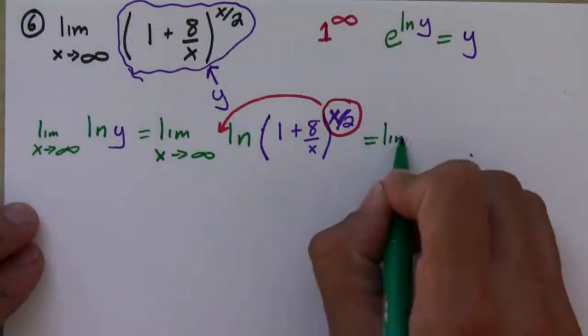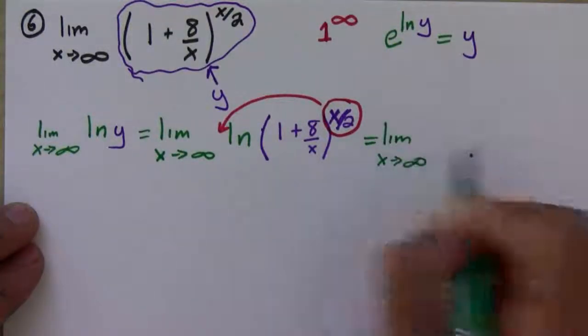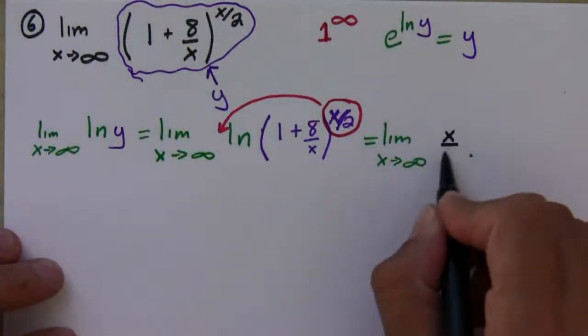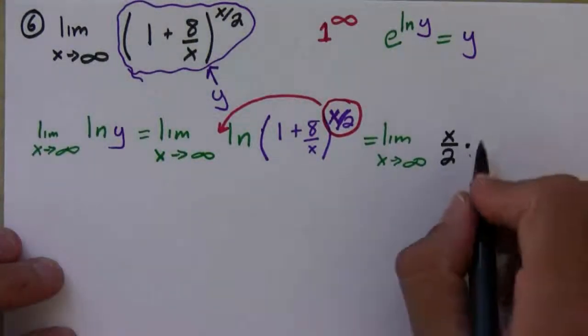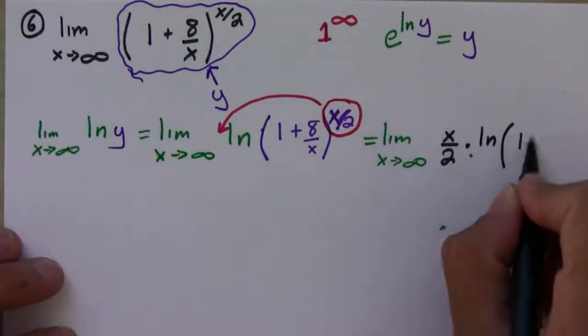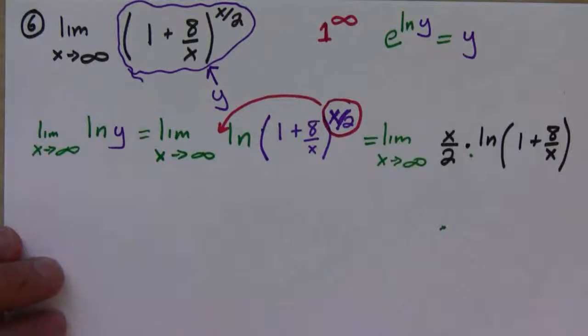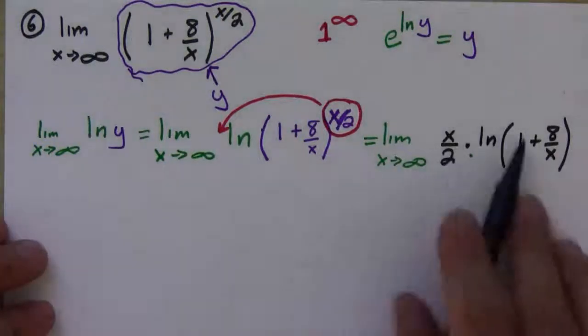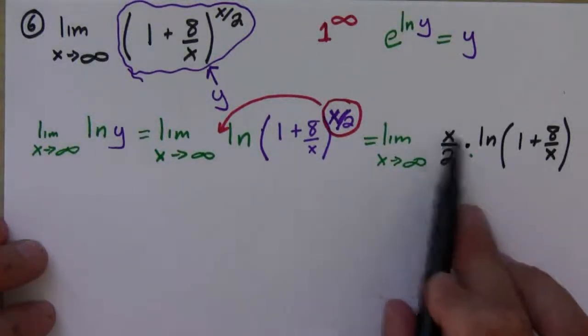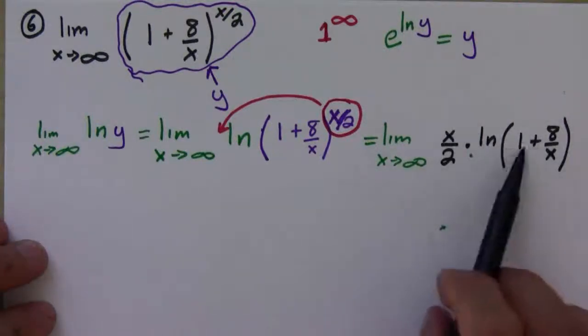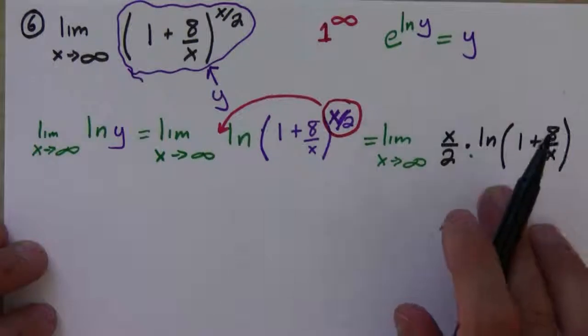So this is equal to the limit as x approaches infinity of x over 2 times natural log of 1 plus 8 over x. Notice that what we have is infinity times 0. This whole thing is a natural log of 1, which is 0, which is indeterminate.